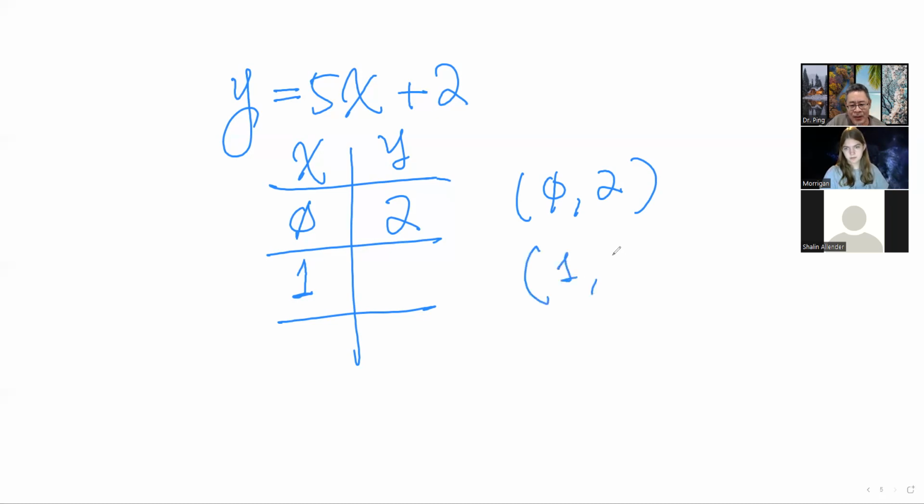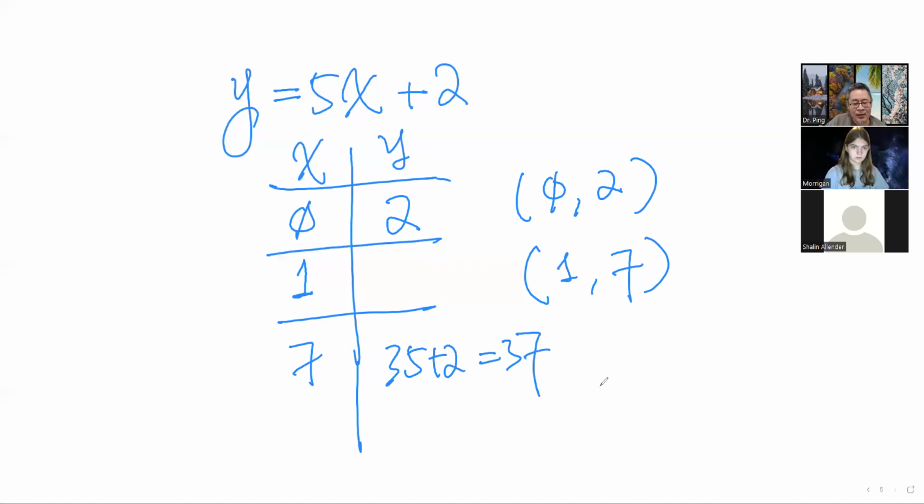Yep, it's 1, comma 7. And that's it. Once you get 2 points, we can graph it. Very good. Oh, you did x is 7. Well, if x is 7, let's see what happens. Then 7 times 5 is 35 plus 2, which is 37. So it's actually 7, comma 37.